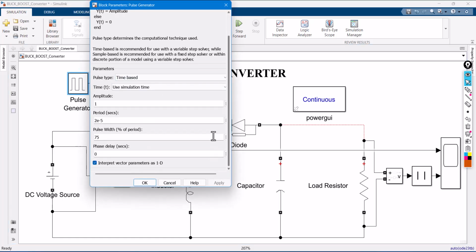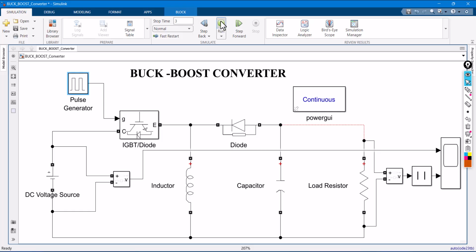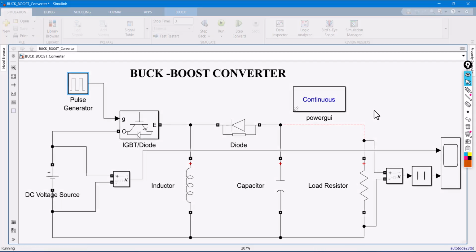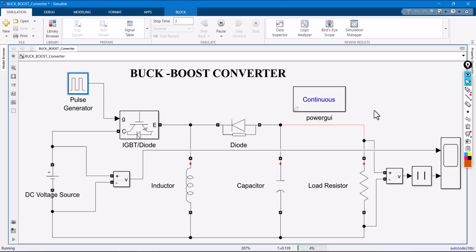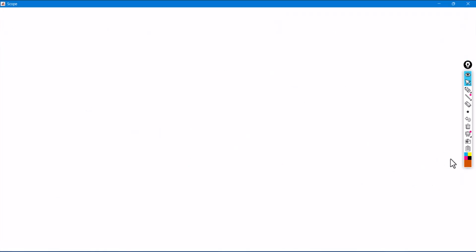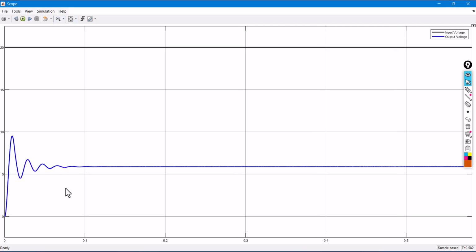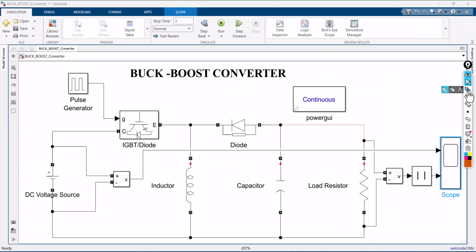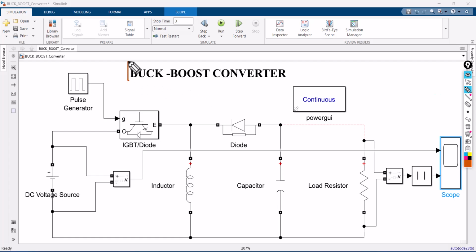If my duty cycle is 25%, here you'll get the output voltage in buck mode, but in non-inverting mode. So this is the way you can use the buck-boost converter in a non-inverting mode if you use absolute.